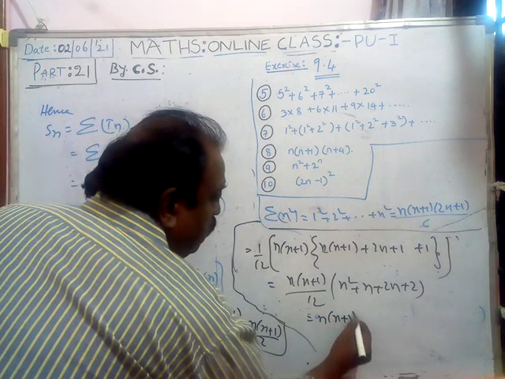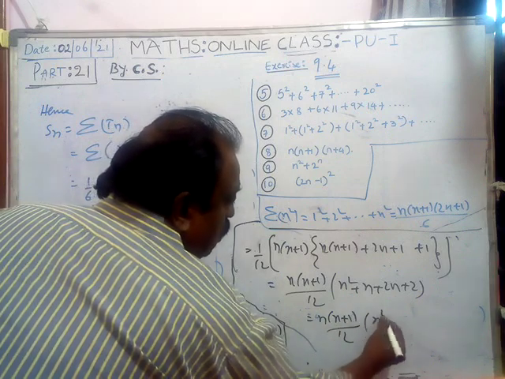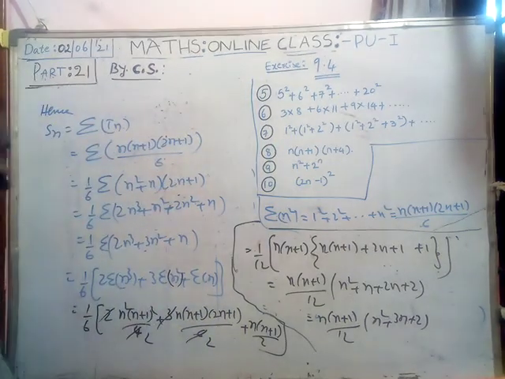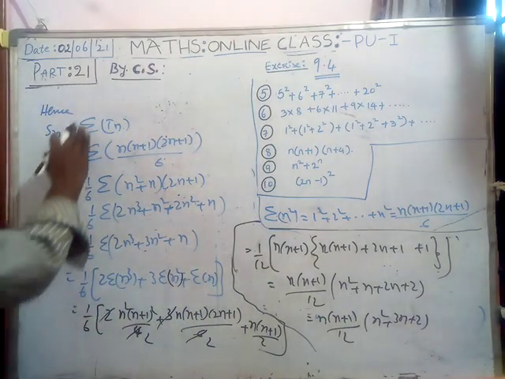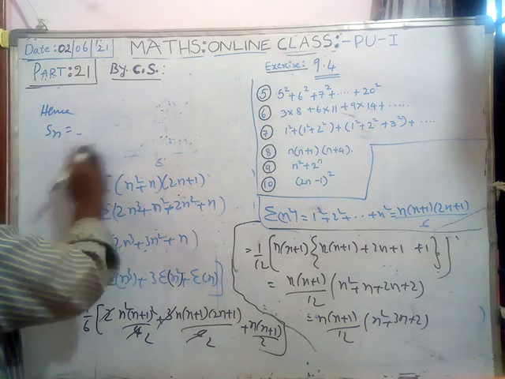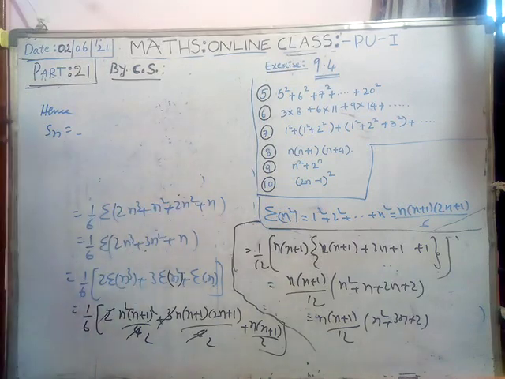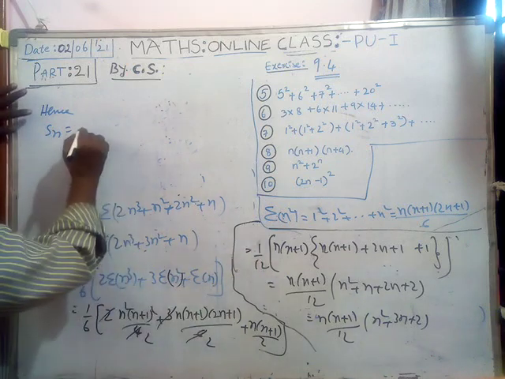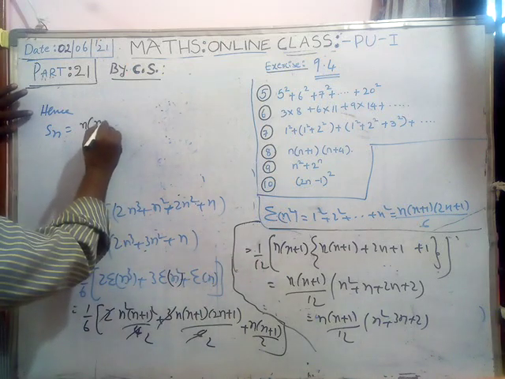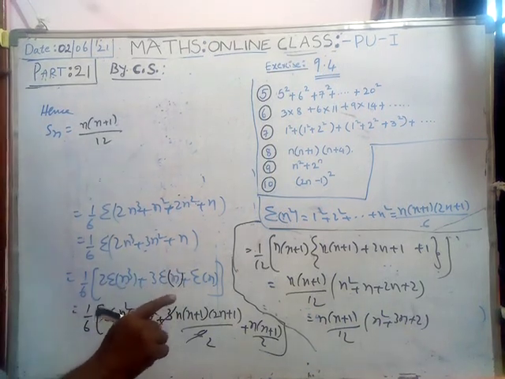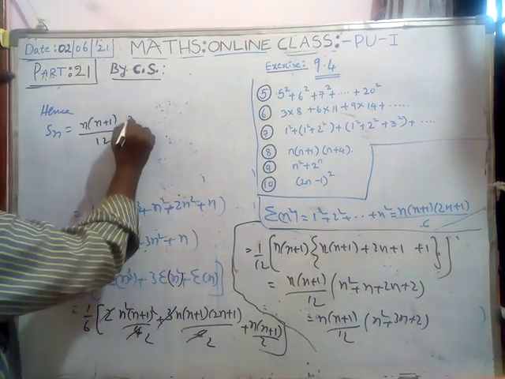Again n of n plus 1 by 12 times n square plus 3n plus 2. Okay? Hence, what is the Sn? It is n of n plus 1 by 12, n square 3n, n.